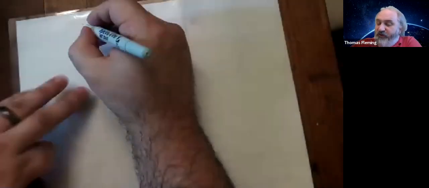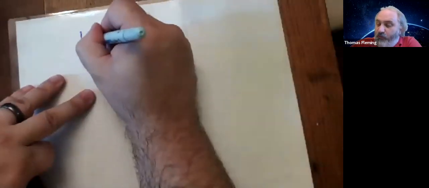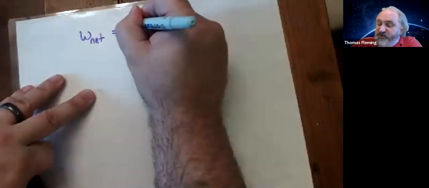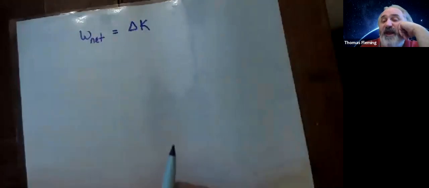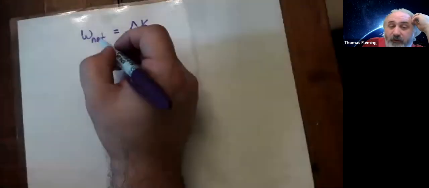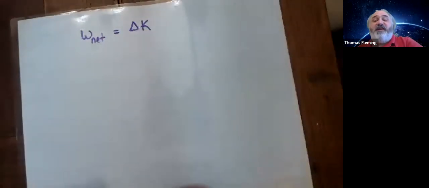There are no non-conservative forces to be found. Now, what I know is the work-energy theorem says that the net work is equal to the change in kinetic energy. That's the work-energy theorem. And if I only have conservative forces, the work is going to be related to the change in my potential energy.